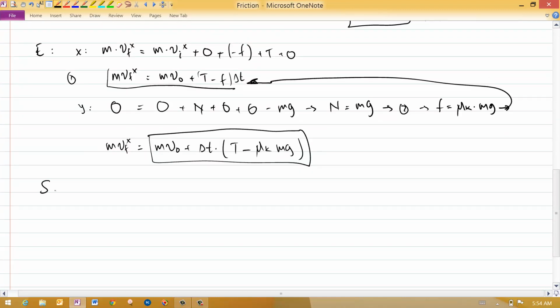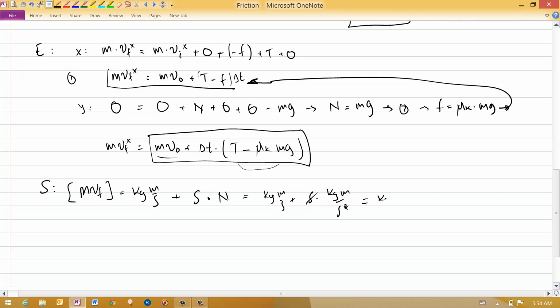So now the skeptic will check what's going on. First, the units of m v final should be kilogram meters per second, and this one is exactly kilogram meters per second. Let's check the next one. I've got seconds times a force, times newtons. So that is kilogram meters per second plus seconds times newtons, and a newton is a kilogram meter per second squared, so those things cancel off.